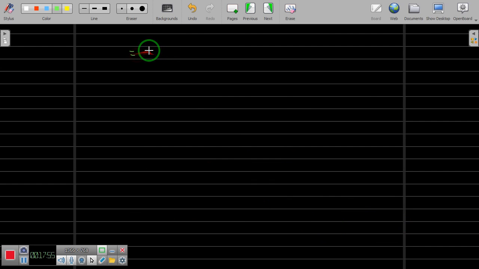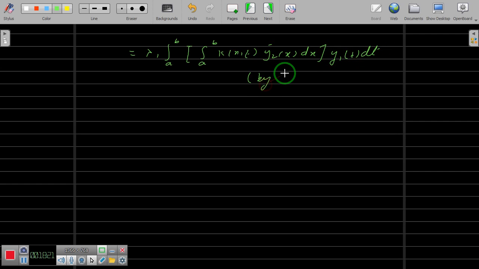This will be equal to lambda 1 integral a to b. Now you change the order of the integration, so integral from a to b, integral from a to b k(x, t) y2 bar of x dx y1(t) dt, by changing the order of integration.